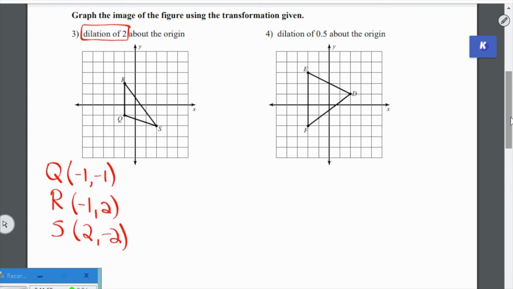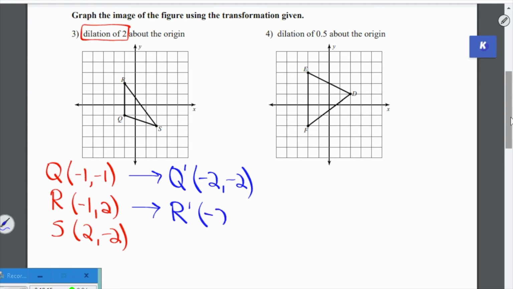Okay, I'm going to use my scale factor of 2. So I'm sorry, I need to write Q prime. I'm going to multiply each of those coordinates by 2. So -2, -2.